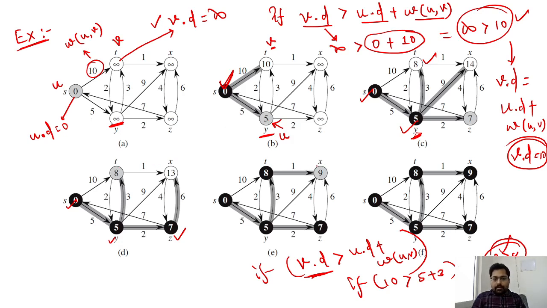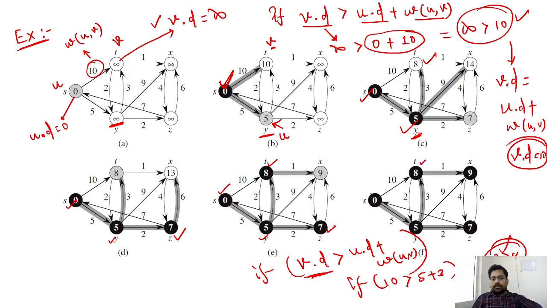Okay. Now from T, is there any other options we have to find? Suppose this is U and this is V, because no other connections we can expect for this. The 7 is not greater than 9 plus 4. Though it is not greater than, so no need to relax it.